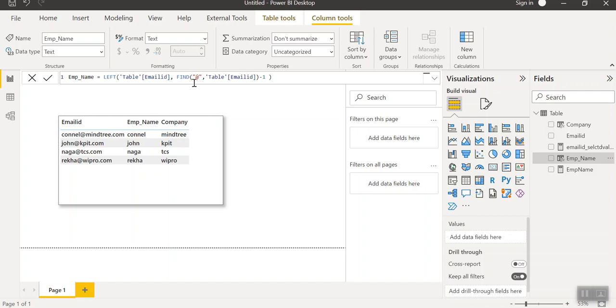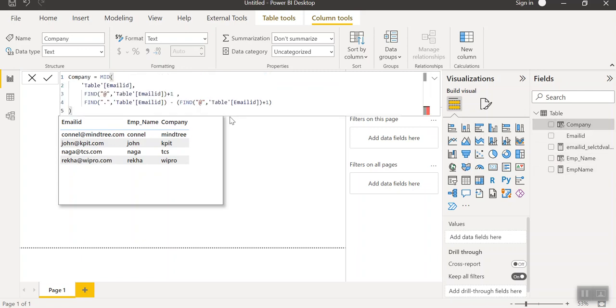So I am dynamically identifying the at the rate position, and -1. I don't want the at the rate, so up to one before it I need to extract. So I am dynamically identifying the position, then subtracting one, which gives me the employee name. So this is the DAX formula for employee name.